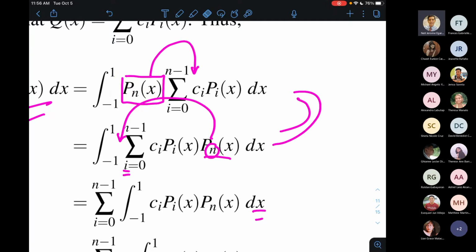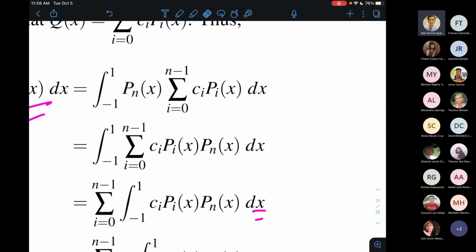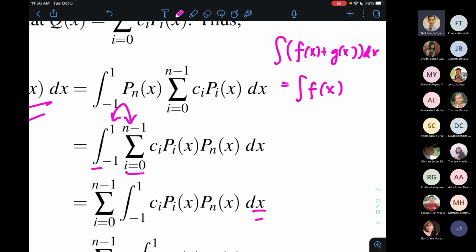Okay? And then in the next step, kapag meron kang integral at saka finite summation, pwede silang mag-interchange. Remember, ang integral ng f of x plus g of x dx ay equal lamang sa integral ng f of x plus integral ng g of x because integration is a linear operator, right? So kapag meron kang finite summation, pwede mong unahin, pag kinuha mo yung integral ng isang finite summation, pwede kang mag-integrate muna, tas kunin mo yung finite summation after.